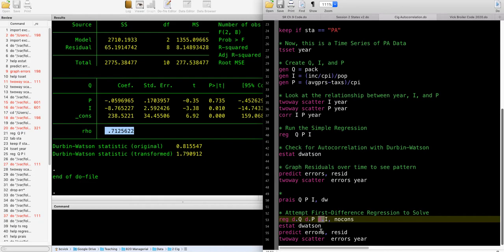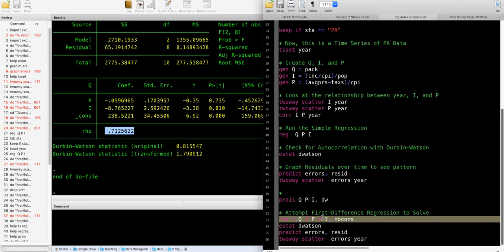So the D dot, that's telling Stata that I have time series data set up, and instead of looking at just Q, I'm looking at Q in one time period minus quantity in the previous time period. That becomes my new dependent variable. And I'm regressing that on price in one period minus price in the previous time period. That's D dot P. And I is for income, one period's income minus the other. So this is three variables that we're regressing, okay?